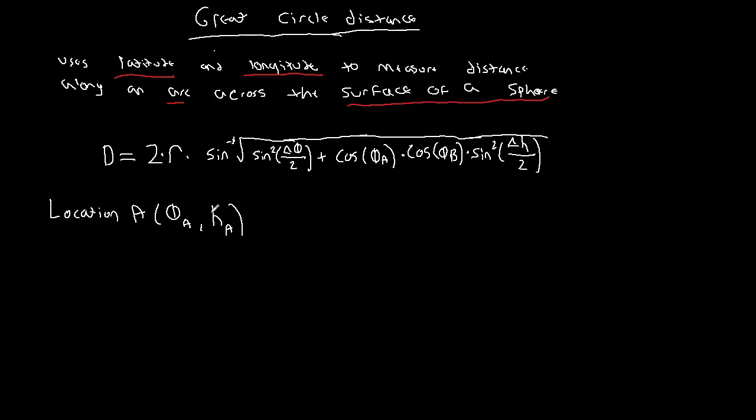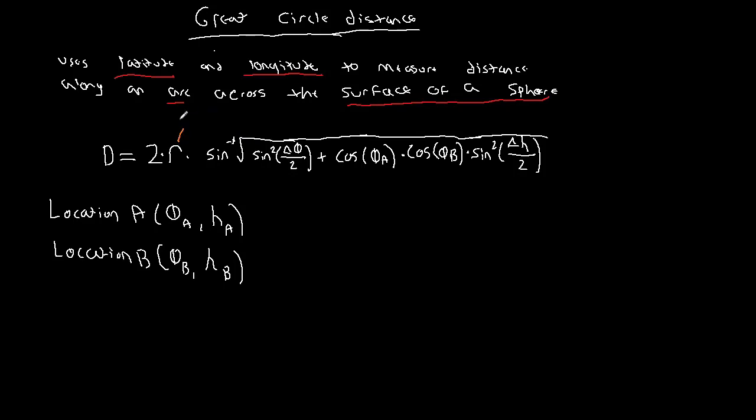And again, phi and lambda are the sort of equation designators for latitude and longitude. And then we also have location B with its associated phi b and lambda b as well.